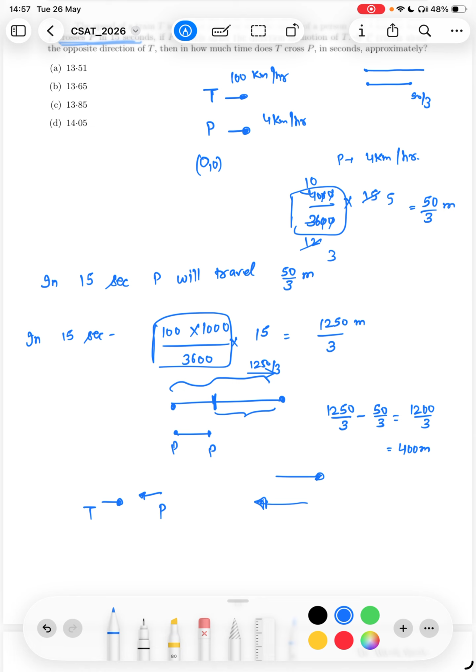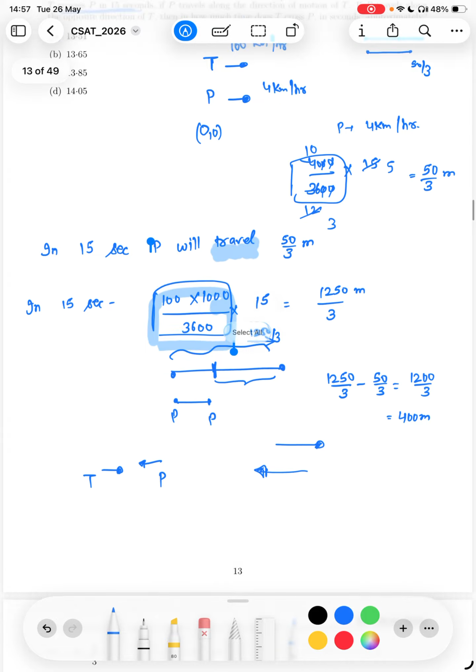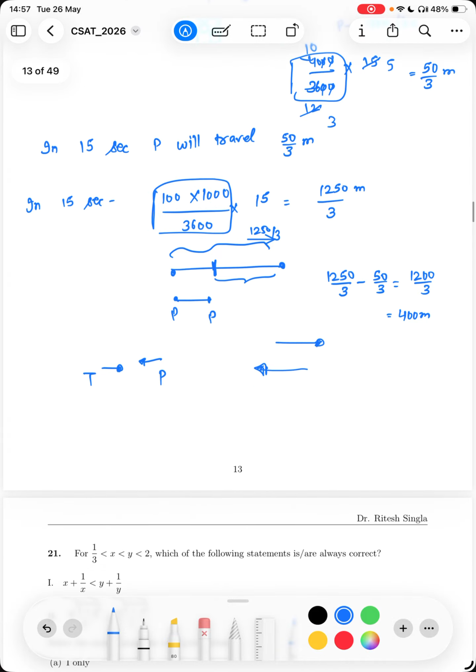How much is getting reduced? For example, the initial distance between the last position and this is 400 meters. After 1 second, the distance will be reduced by how much they have traveled. So it will be 100 into 1000 upon 3600 plus 4000 upon 3600.